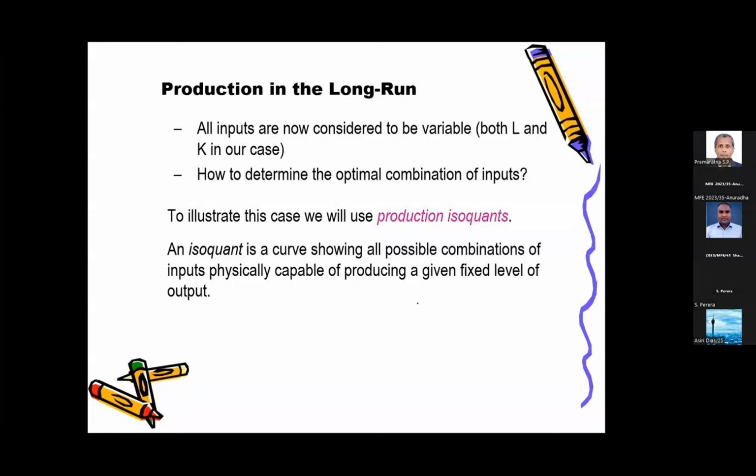When you come to the long run, to understand the long run, we have to learn three instruments. One is the isoquant curve, the production side, the isoproduct or isoquant curve.